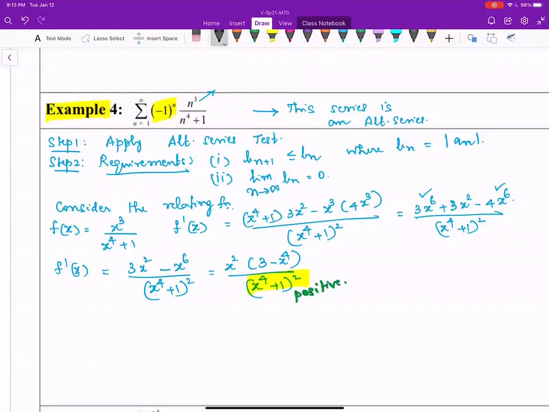So f prime of x is negative when the numerator is negative. But the x squared part is always positive. So it is negative only when 3 minus x to the power 4 is less than 0, or when x to the power 4 is more than 3, or x is more than the fourth root of 3.